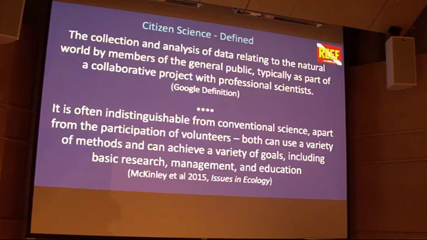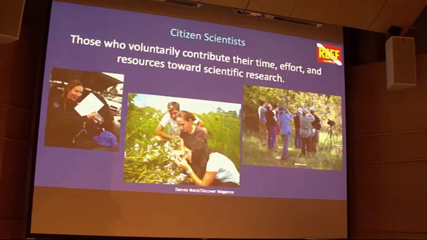And who are those people? Well, citizen scientists are those who are voluntarily, usually without compensation, and often spending a lot of their own money, contributing their time, effort, and resources towards scientific research. It really is tapping into the natural historian in many of us.